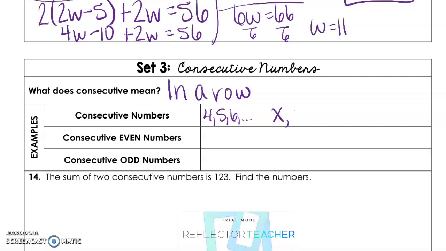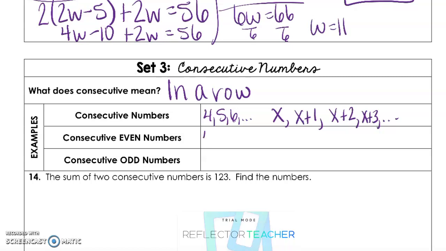Well, since it's the next one, you simply add 1. So x plus 1. Then you add another 1, so that becomes x plus 2, x plus 3, so on and so forth, depending on how many you need. So for consecutive numbers, you always just start with a variable and then keep adding 1 as you go from there.